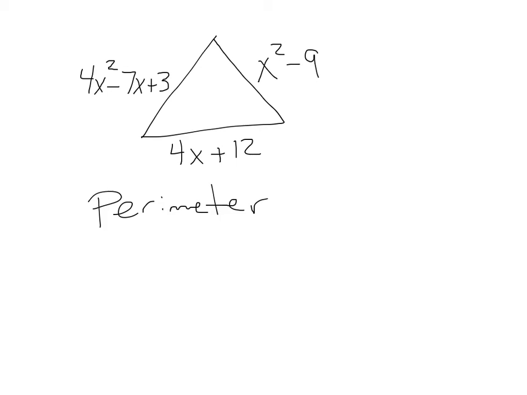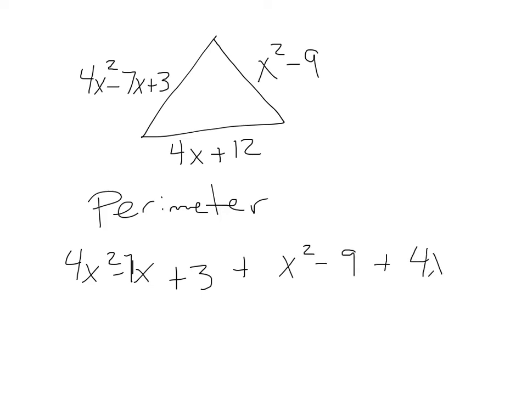Perimeter in a triangle is you just add up all the sides to see the distance around the object, so let's do that. We've got 4x squared minus 7x plus 3, and you're adding x squared minus 9, and you're adding 4x plus 12.